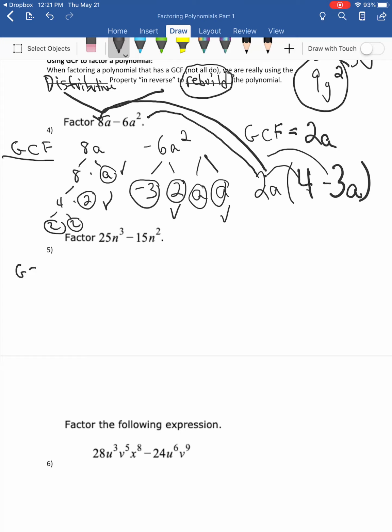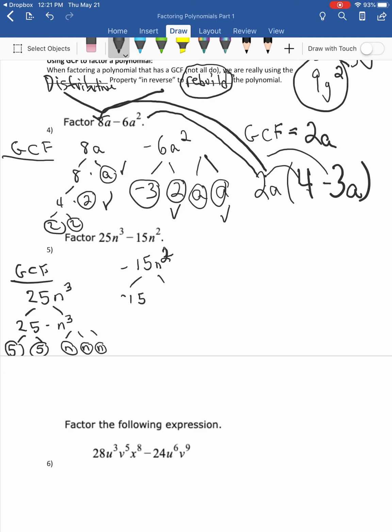All right, so the GCF for 25n cubed, that's going to be 25 times n cubed, 5 times 5, those are each primes, and then we've got 3 n's, those are each primes. All right, then we have negative 15n squared, that's going to be negative 15 times n squared, negative 5 times 3.